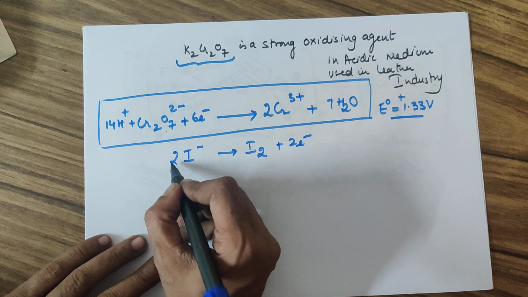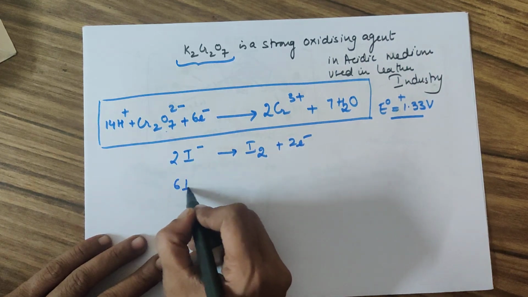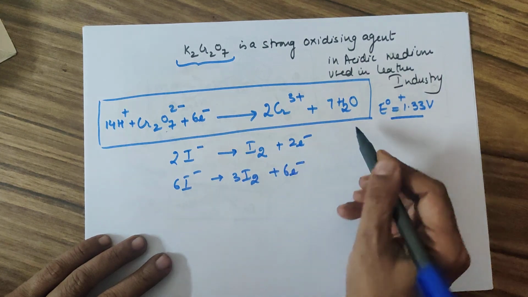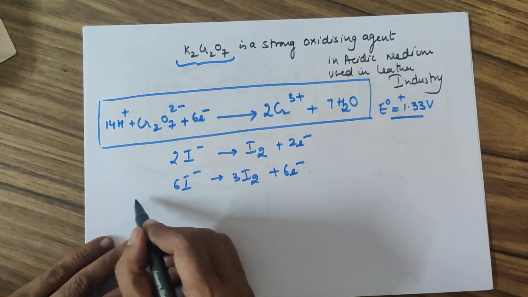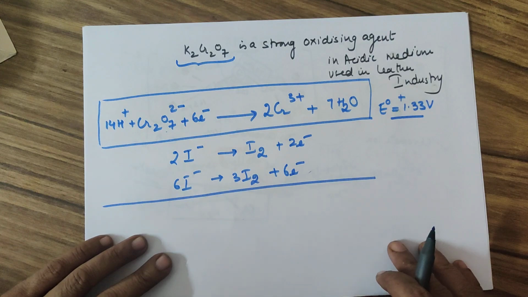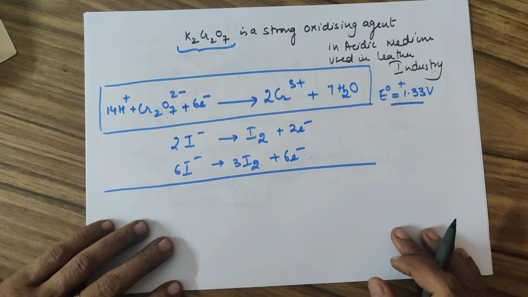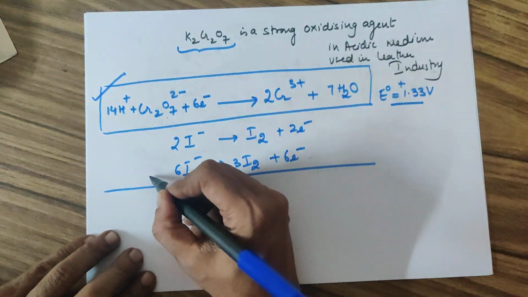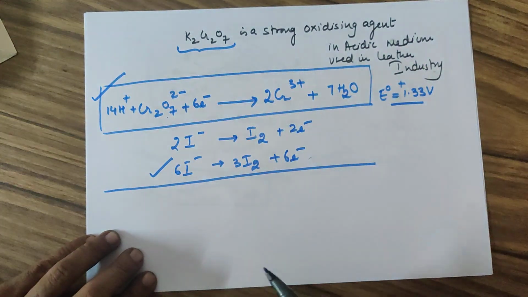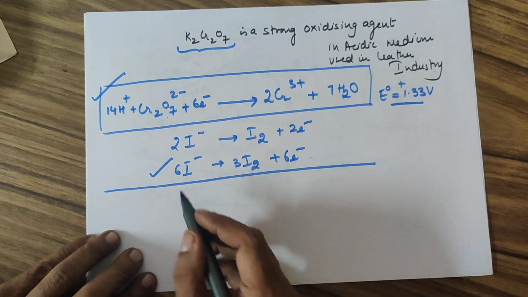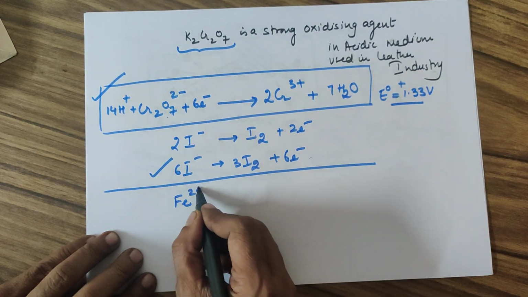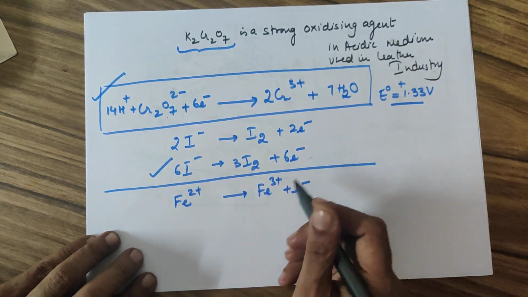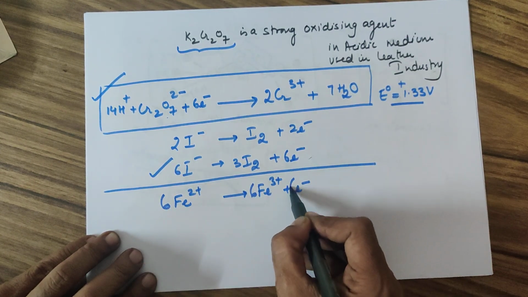So this becomes 6I minus gives 3I2 plus 6 इलेक्ट्रॉन्स. तो ये वाला इक्वेशन और ये वाला इक्वेशन दोनों को ऐड करके you can get your net reaction, which will prove that yes, potassium dichromate can act as an oxidizing agent. इसको ऐड कर दो, इलेक्ट्रॉन्स कैंसिल हो जाएंगे. और एल्स you can also transform ferrous goes to ferric plus an electron, here multiplied by 6 कर देते हैं. 6, 6 and 6.